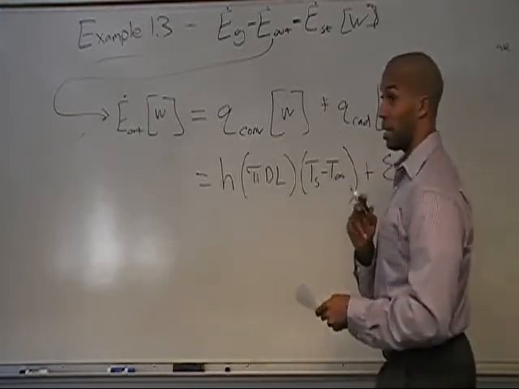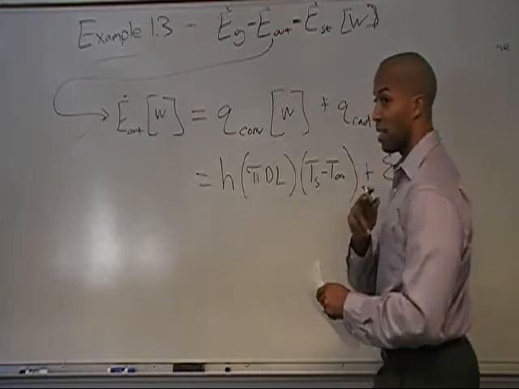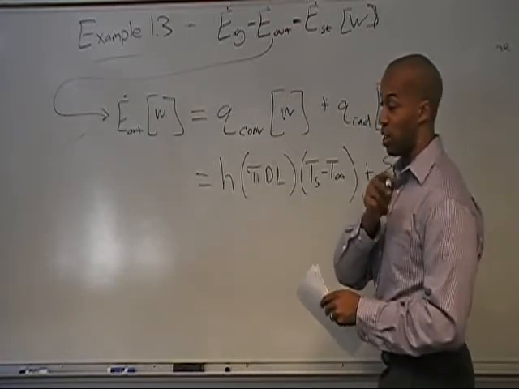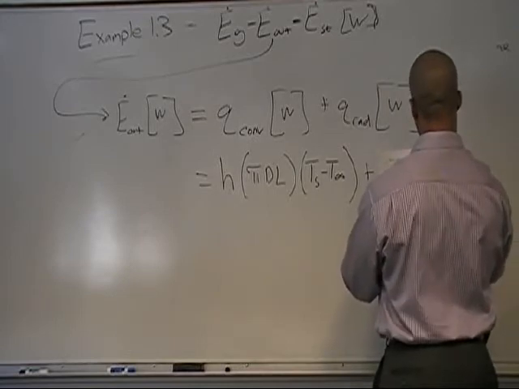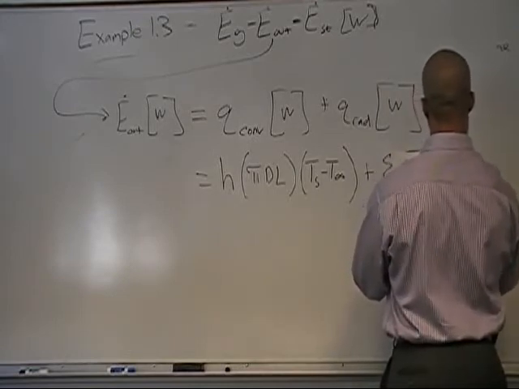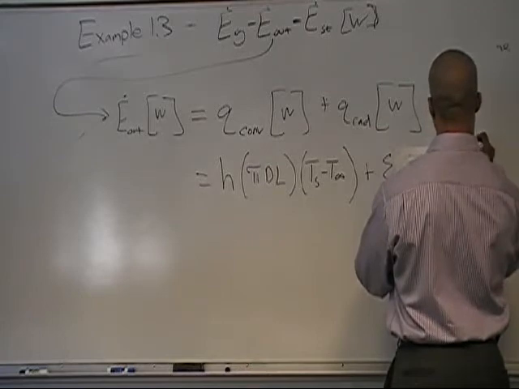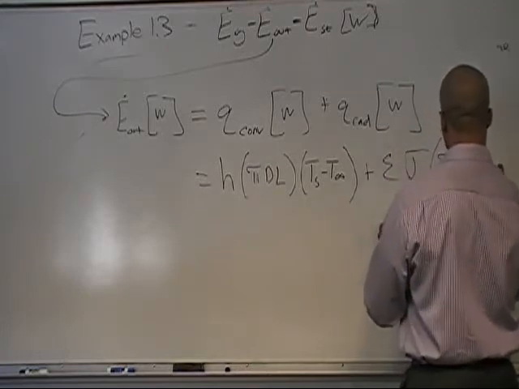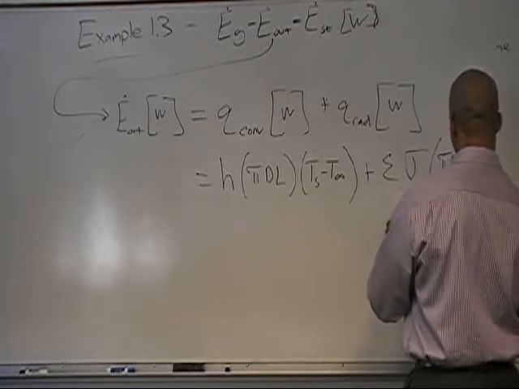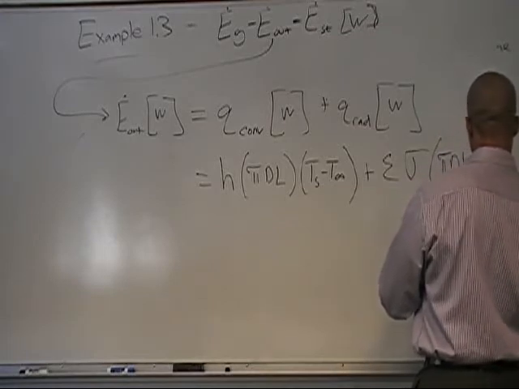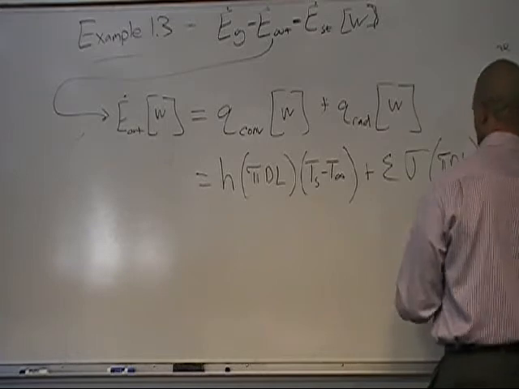5.67 times 10 to the minus 8, right? What are the units? I'll let you check what the units are, but remember that, Stefan-Boltzmann's constant. Once again, this is over the surface area of the rod, and this is multiplied times the surface temperature to the fourth power minus the temperature of the surroundings to the fourth power.